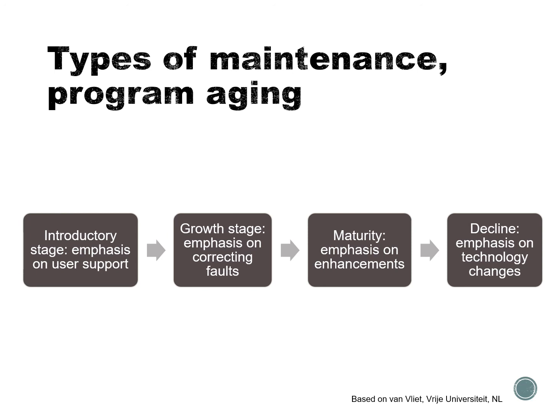Then you try to grow, you correct faults, you reach maturity, you try to make enhancements, additions. Your competition is ahead of you. You copy or create similar functionality or add features which keep your product competitive. That's maturity.